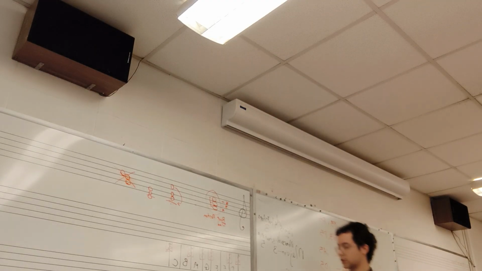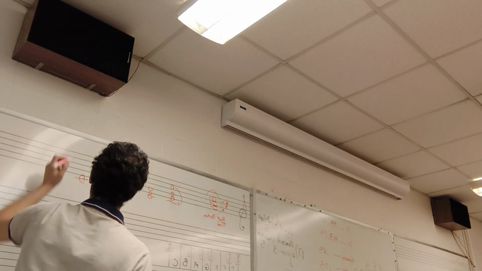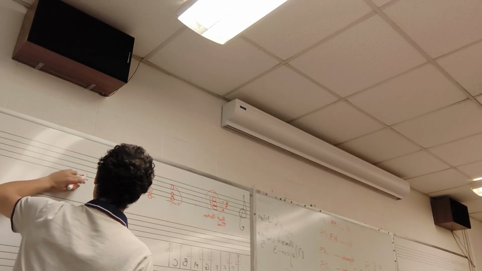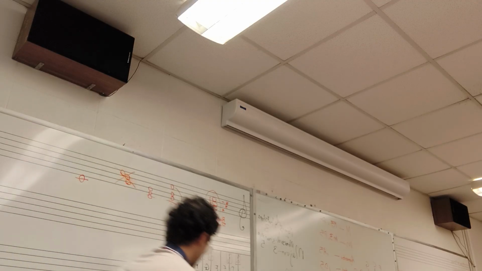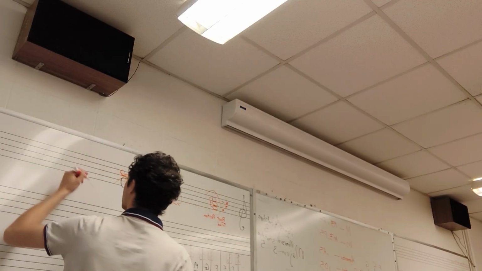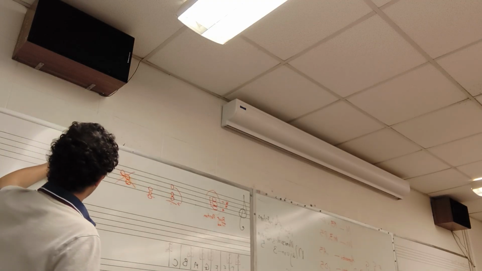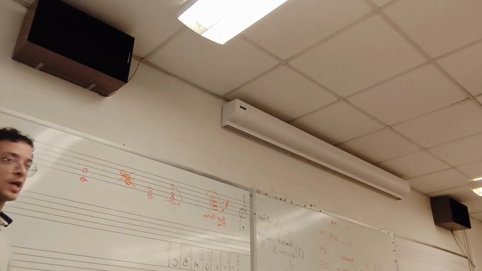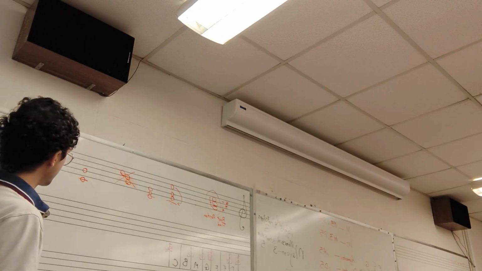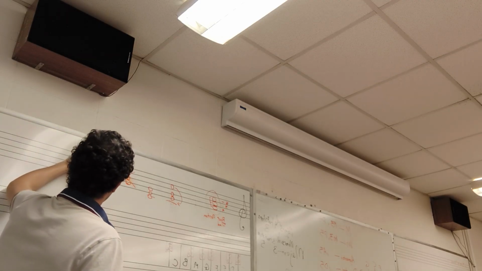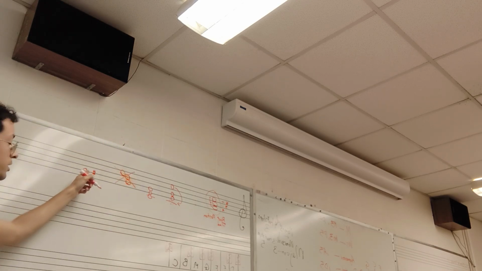Okay? So if we go back here and look at C major, or I'm just going to write a C, actually. Not necessarily C major, but just a C. We know that G is what type of fifth from C? Perfect fifth. If I put a sharp here, and I'm making that a G sharp.